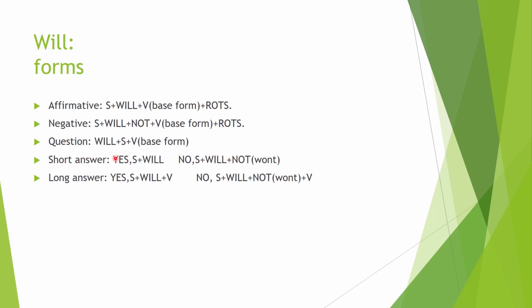The short answer: yes, subject plus will. No, subject plus will not, or won't. Long answer: yes, subject plus will plus verb plus the rest of the sentence, or no, subject plus will plus not, or will not is won't, plus verb. These are the forms for will.